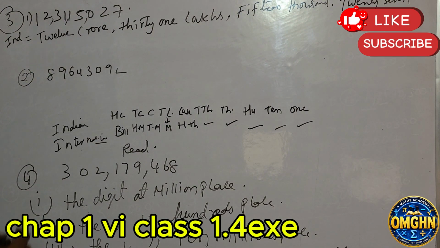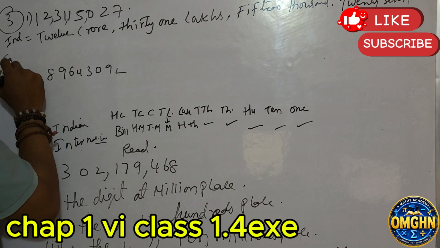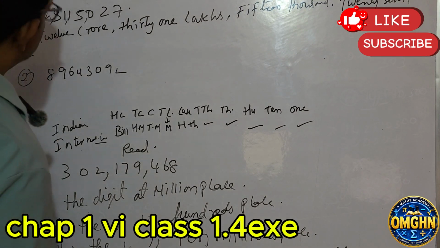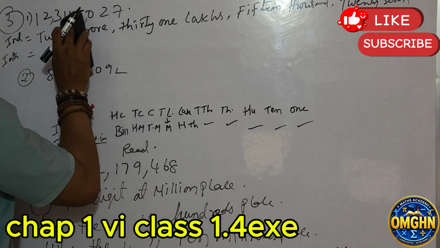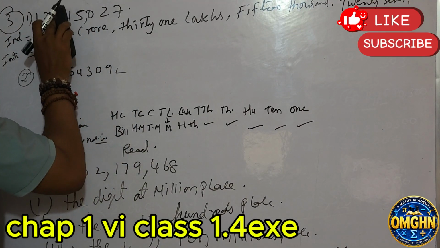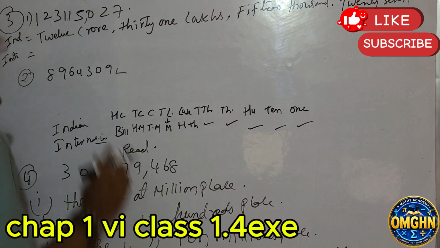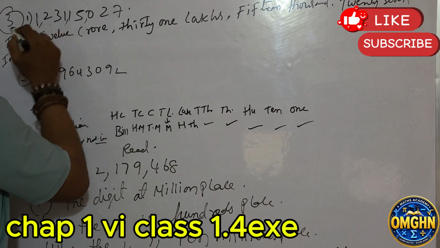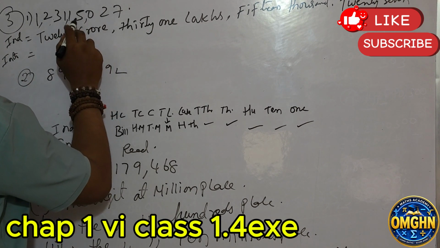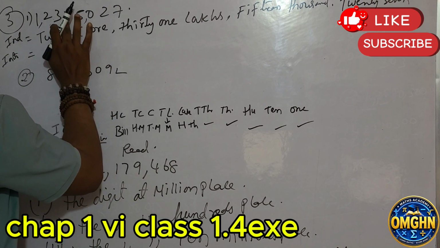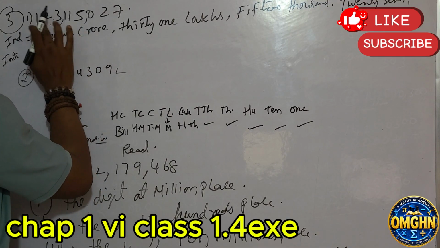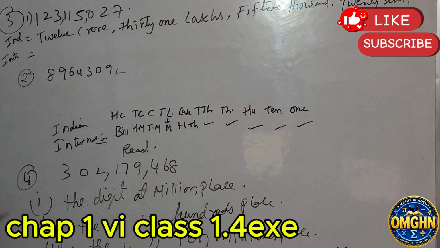Now this is only the international form. It will be changing here. So it will come here: 1 2 3, 1 2 3, 1 2 3, 1 2 3. This is in international form.